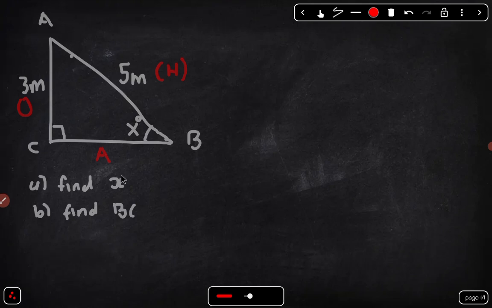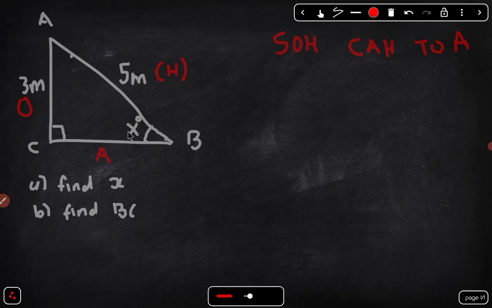Then you are going to write your SOHCAHTOA for your trigonometric ratios, so that you know which one you should use. How do you tell which one to use between SOH, CAH or TOA? You ask yourself, what am I finding? I'm finding the angle.